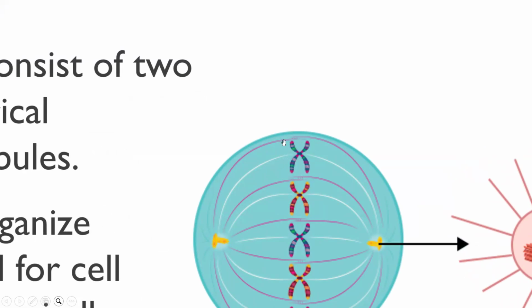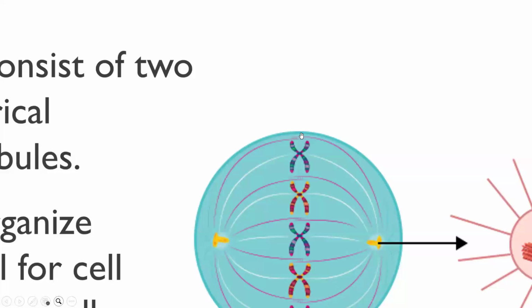This is a chromosome, and it has two arms. This is one chromatid and this is another chromatid. These two chromatids are connected by the centromere. The whole structure is called the chromosome. Inside the chromosome, the genetic material, the DNA, is situated.